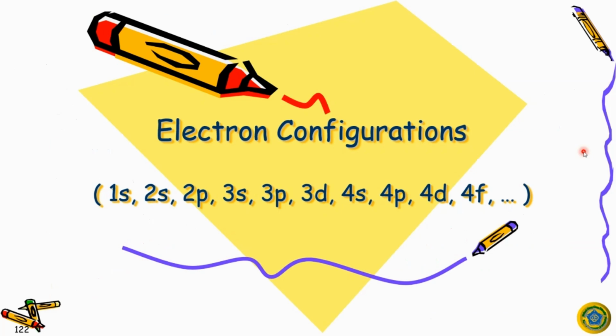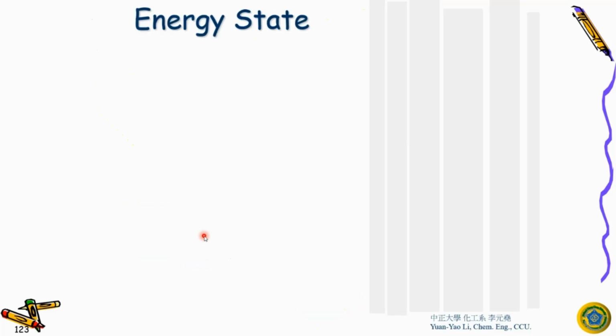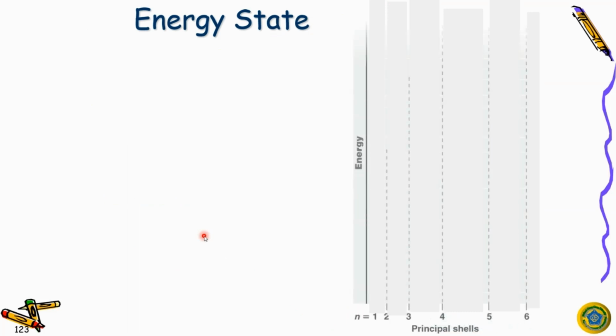Before we talk about quantum mechanics, we need to know the electron configurations. So far, we know that we have 1s, 2s, 2p, 3s, 3p, 3d, 4s, 4p, and so on. We know these are the energy states. So how are we going to arrange electrons in these energy states? For example, the principal quantum number n equals 1, 2, 3, 4, 5, 6, and this is the energy level.